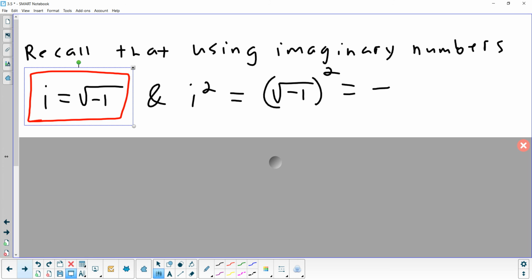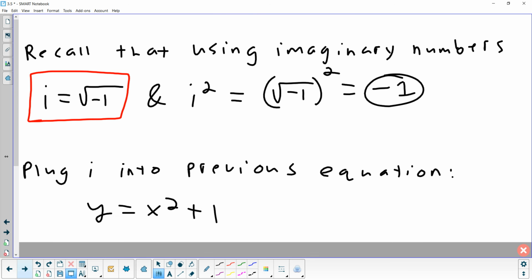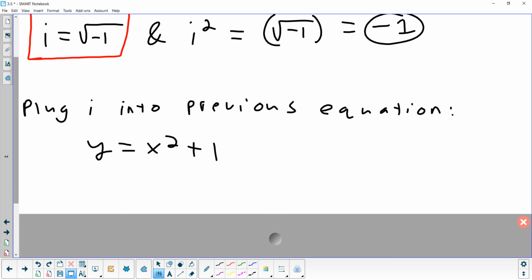So look at what just happened. We just found something that you could raise to the second power, and the result came out negative. That would have come in handy in that other problem. Okay. So i squared is negative 1. So anytime you see an i squared in a problem, always change it to negative 1. So now, watch what happens if you plug i into the equation I had on the other page.